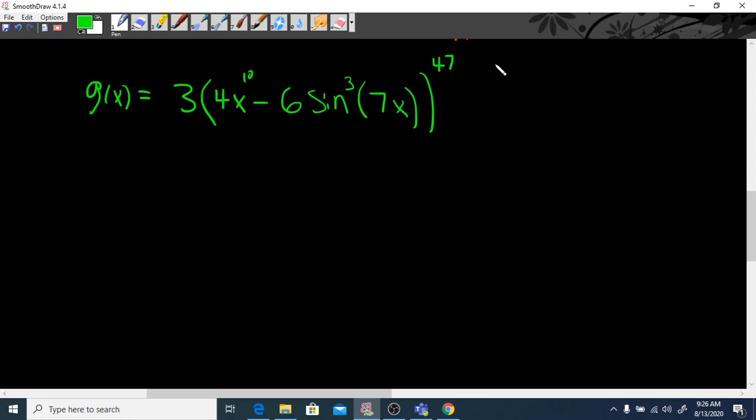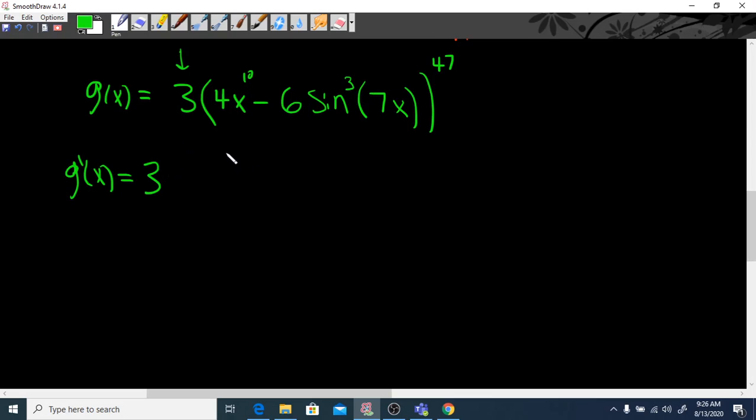Why not? Yeah? So first, this 3 is just a constant multiple, so we can just do 3 times and then think about the rest here. Okay? So constant multiple, no big deal. After the constant multiple, the outermost function is the 47th power. Okay? So g prime, derivative of g, 3 is a constant multiple.